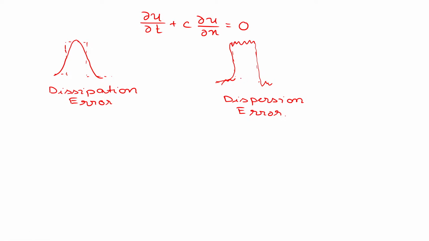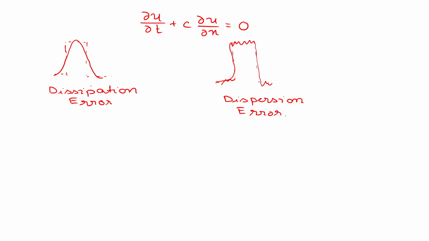Waves of different wavelengths propagate at different speeds, so we get these wiggles. It has a large phase error but small amplitude error.